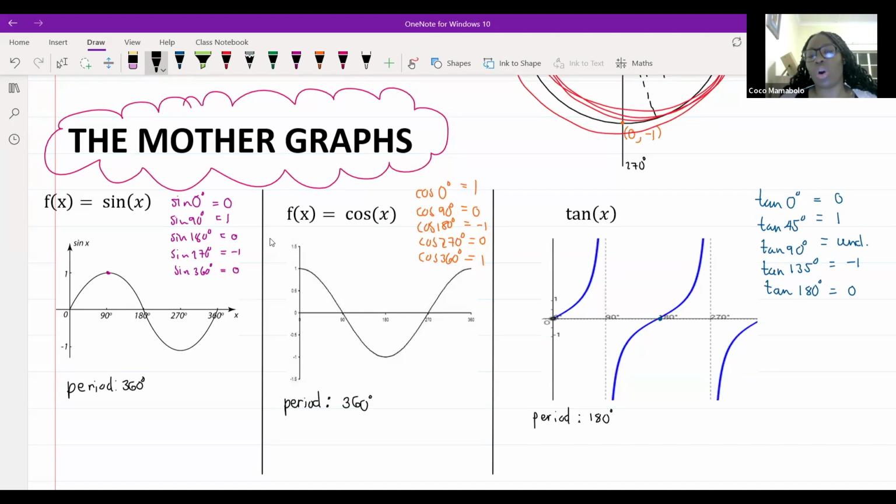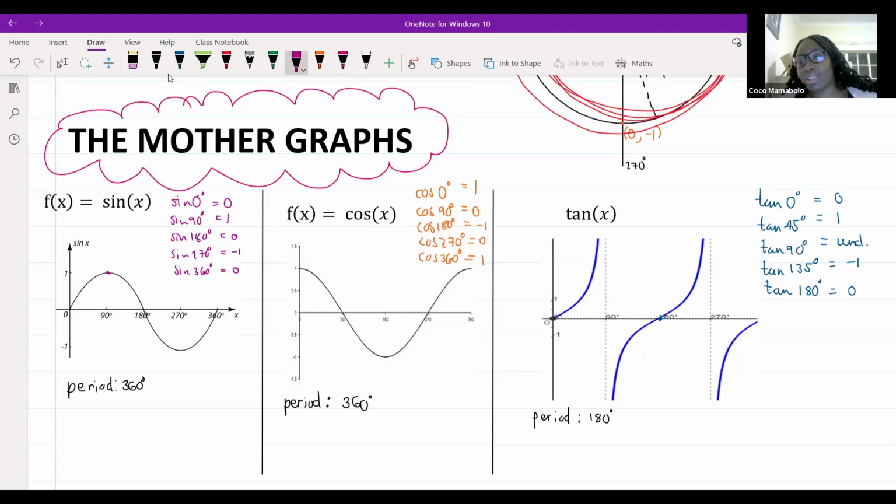So I know the period for each of these would be 360 because I'm going to end up in the same place. Let's prove this a little bit. Everybody punch into your calculator sine of 30 degrees and tell me what your calculator says. It says 0.5 or 1/2, right?